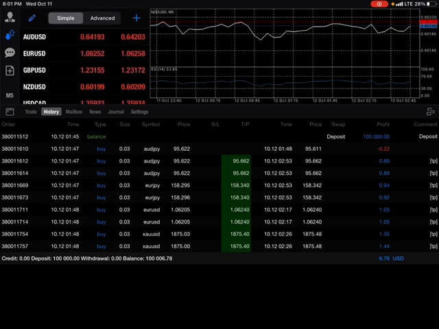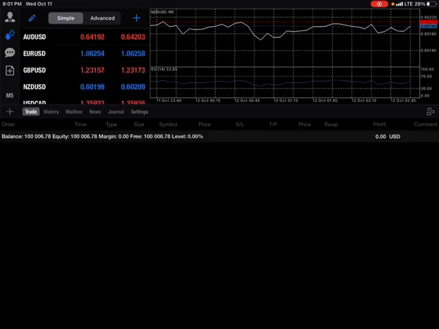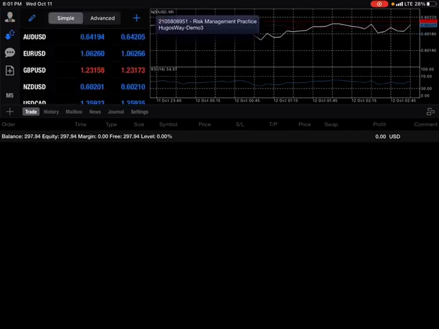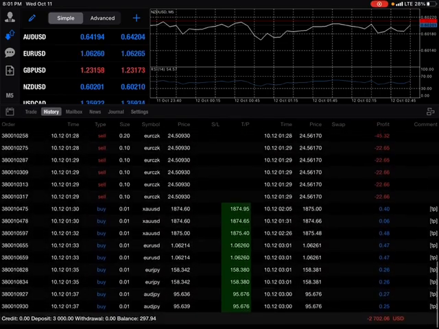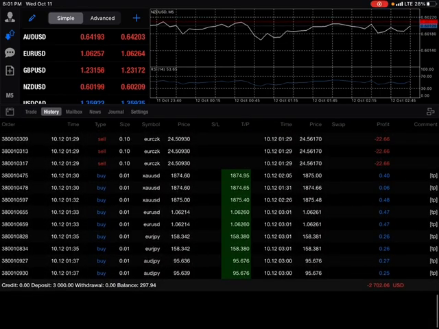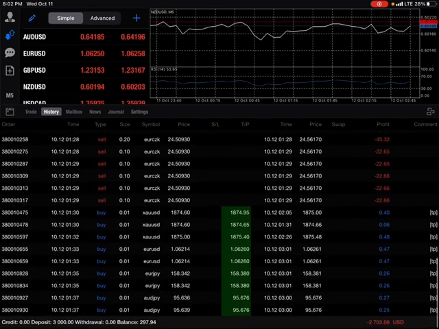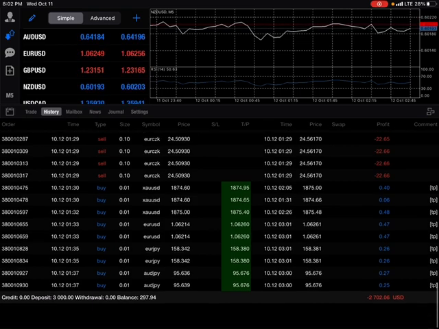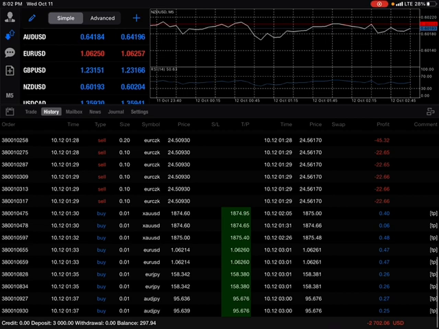So you can see this was a 100K account, and I did the exact same trades on a $300 account. On the $300 account, you could see I made a profit. It's not a lot, just $2 or $3, but it's a $300 account because I'm training myself for when I pay $100 for a funded account.